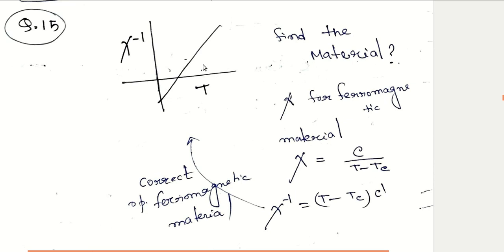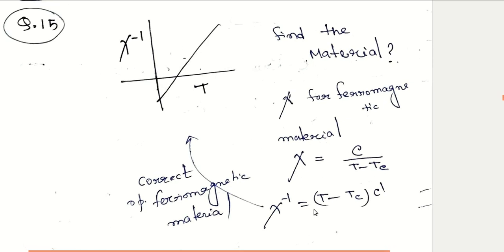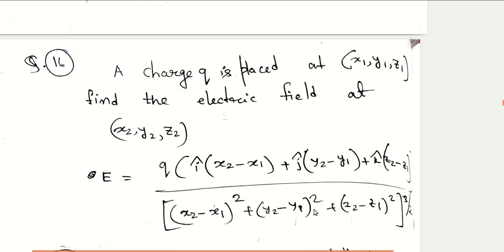So this is a graph of the type y equals mx minus some constant. This has a negative intercept, which will be minus Tc. That's why this negative intercept is there. This is for ferromagnetic material, so the option will be ferromagnetic.